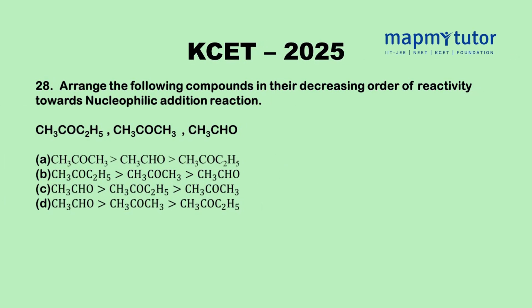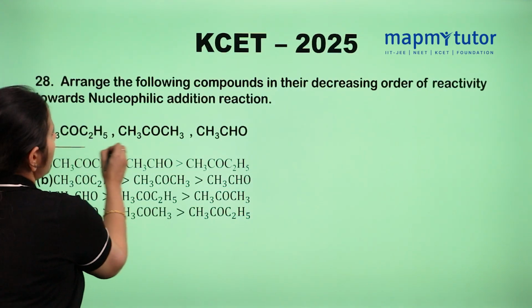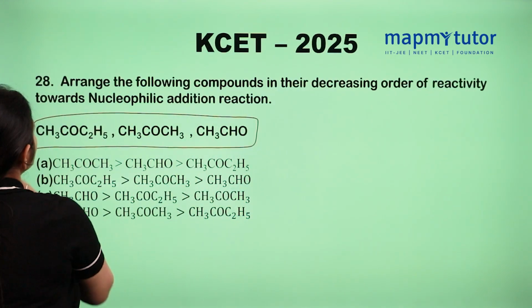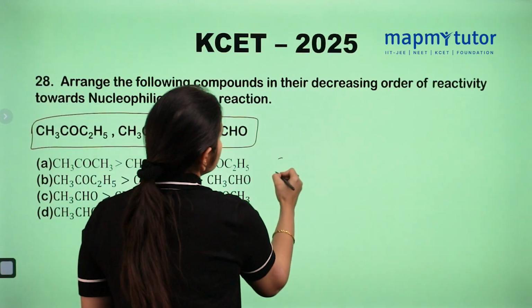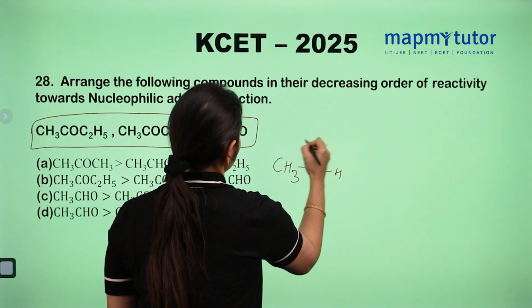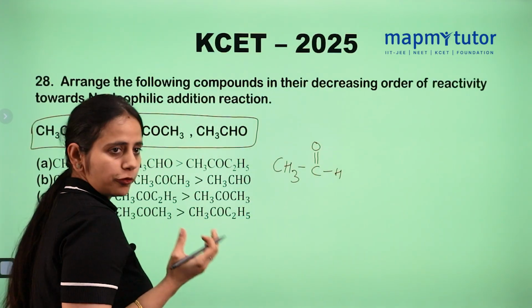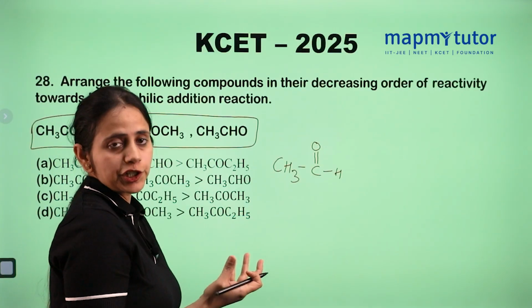Arrange the following compounds in their decreasing order of reactivity towards nucleophilic addition reaction. We need to arrange these 3 compounds. A nucleophile attacks better when we have an electron deficient compound.